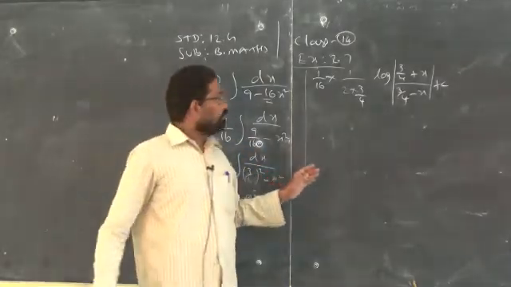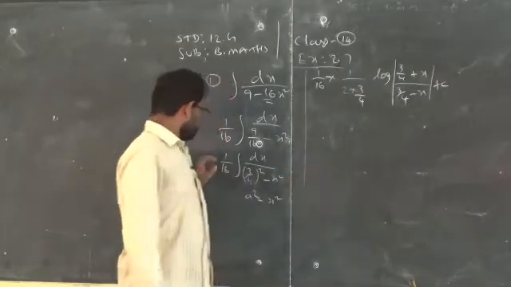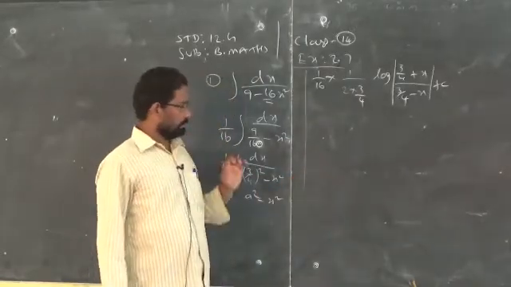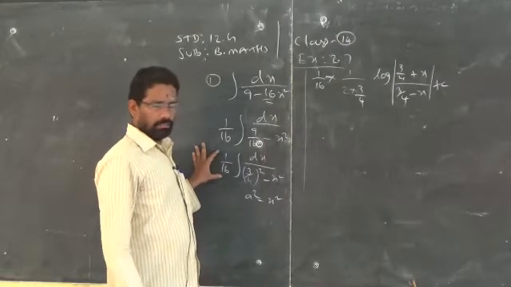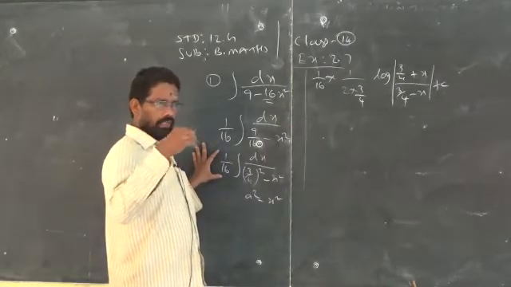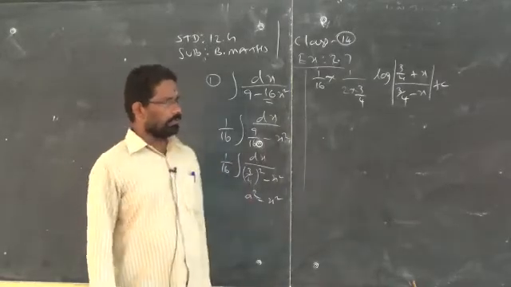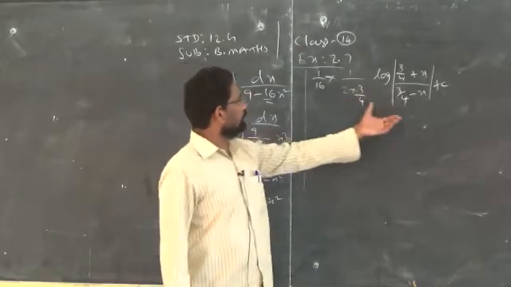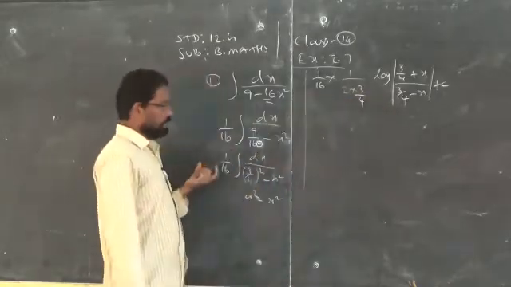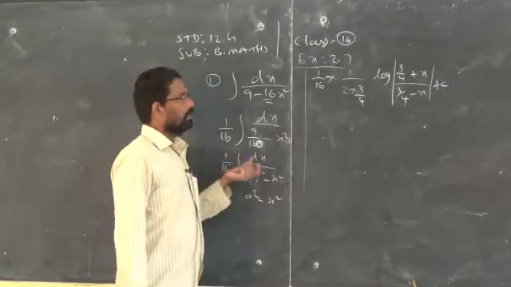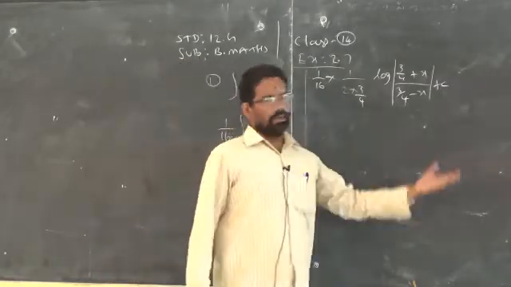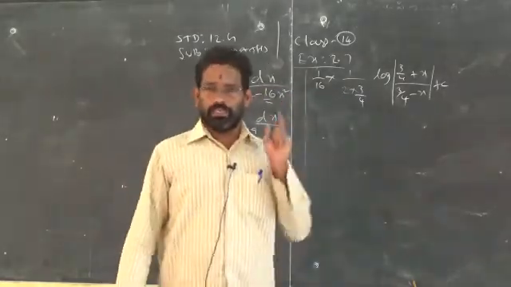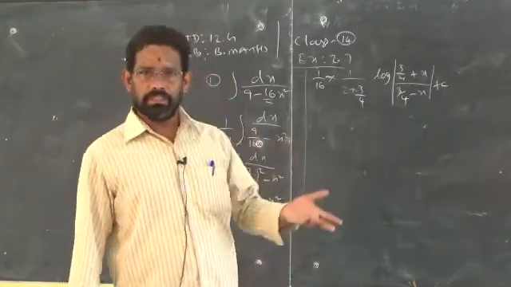So don't feel that sir doesn't know how to proceed with the problems. Deliberately I left out 1 by 16 because during the evaluation center I noticed so many boys have everything correct. They missed what they took outside of the integration. They missed this 1 by 16. They got the wrong answer.